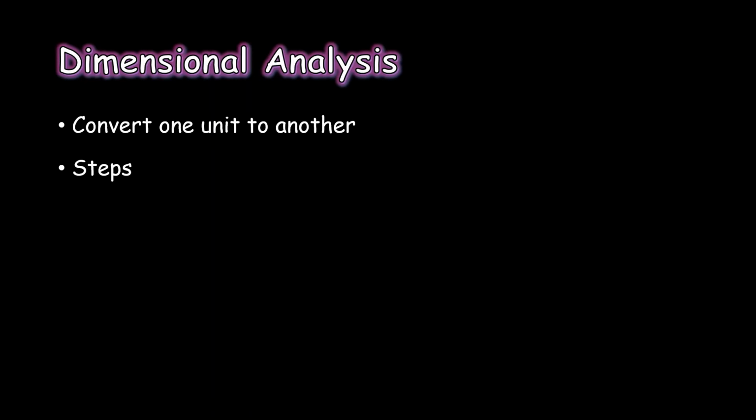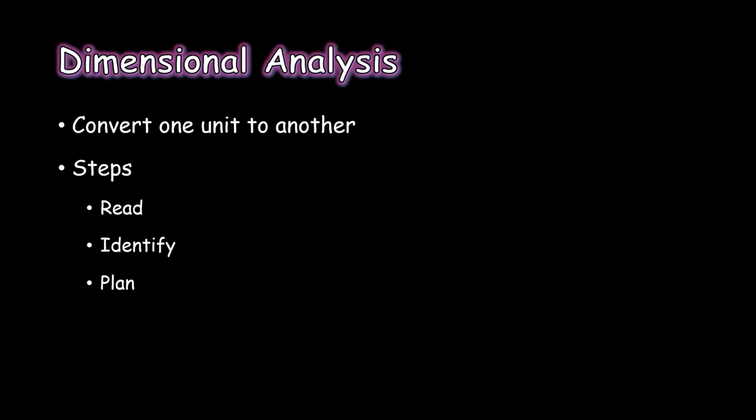Chemistry often involves converting one unit to another, and this is known as dimensional analysis. And when it comes to dimensional analysis, you can follow a 5-step plan to make it easier to convert from one unit to another. The first step is to read what is being asked of you. The next step is to reread and to identify any important values. Next up, you will want to plan out and set up your conversion.